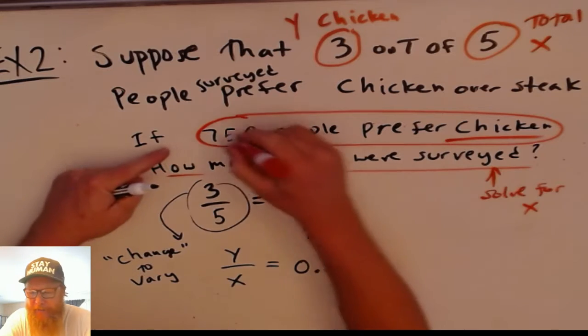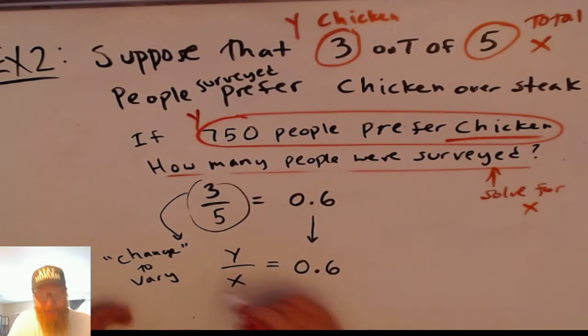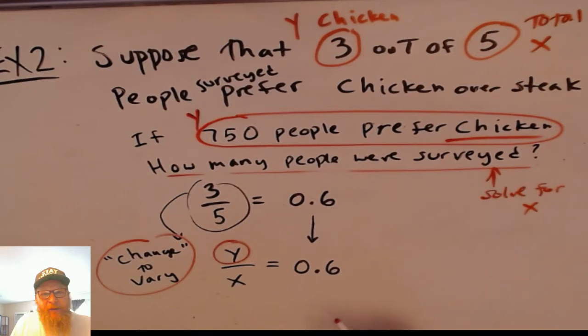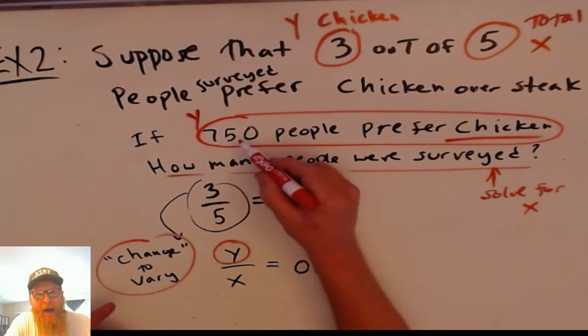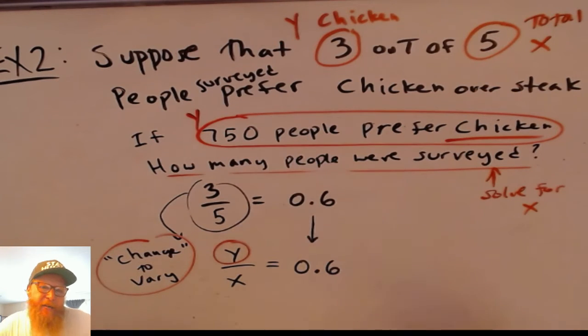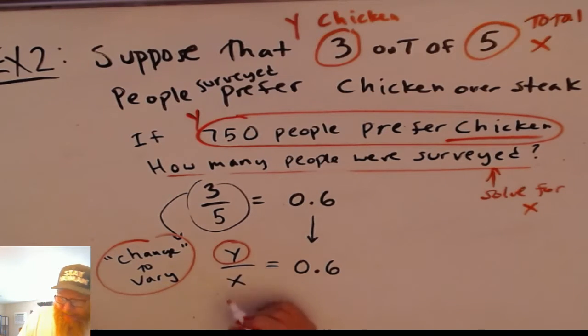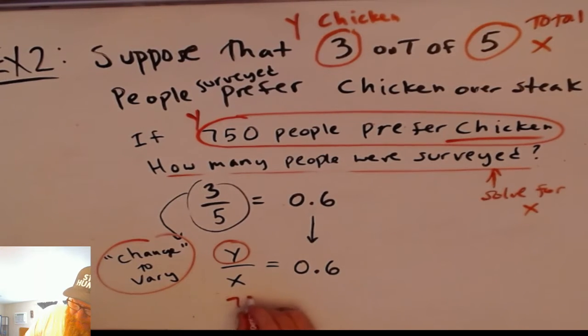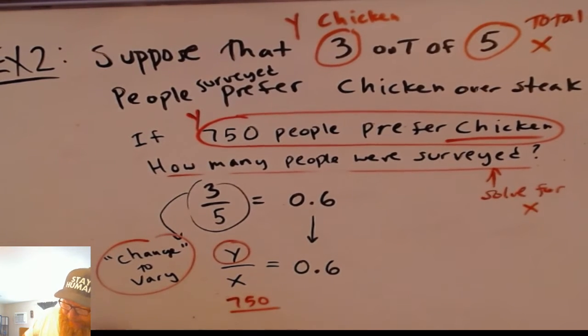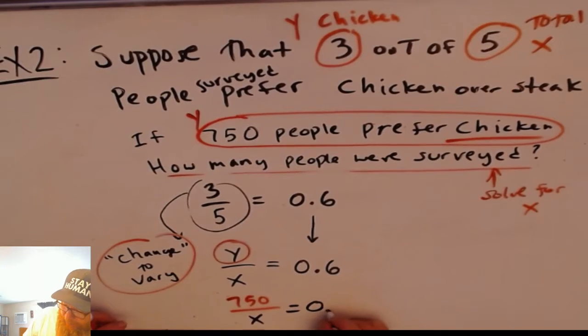Y is 750. Now Y is not 3 people, Y is now 750 people. And so now this equation becomes very simple. It says 750 over X is equal to 0.6.